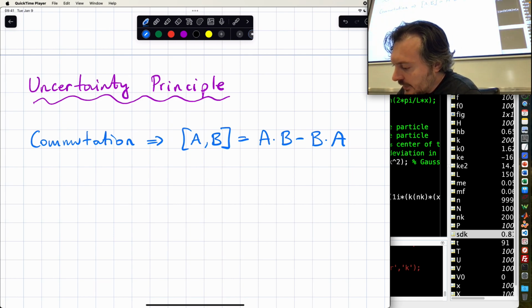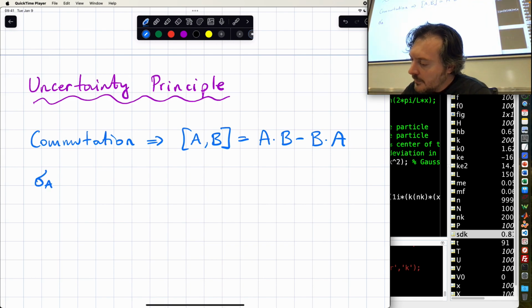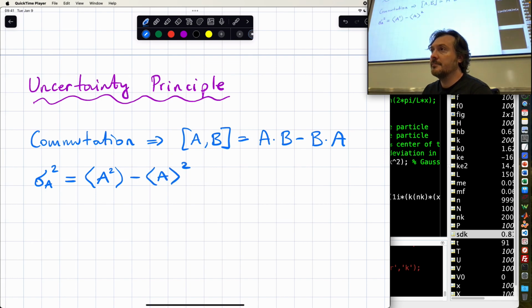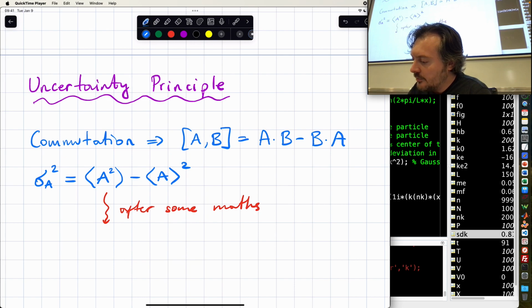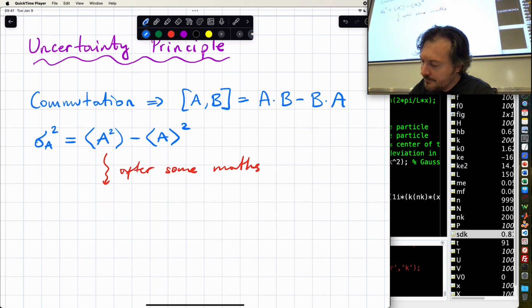Let's say you have operator A and operator B, and sigma A is the variance of the operator A. You know how to calculate this, right? Given the operator, you can find it. Well, after some math, you arrive at this formula.